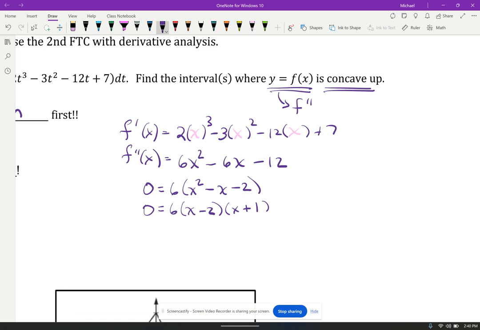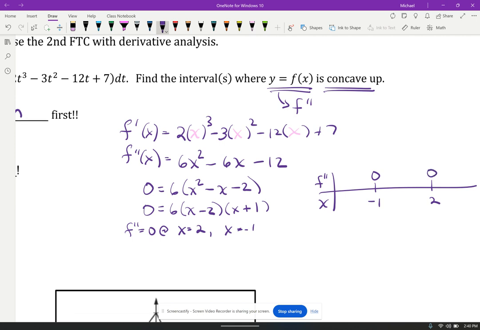If you don't know how I did that, we can talk about that individually, but we just factored it out. Why do we do that? Because now we know at x equals 2 and at x equals negative 1, the second derivative is equal to 0 at those 2 points. And I create a little sign chart. For x's negative 1 and positive 2, the second derivative of f is 0.